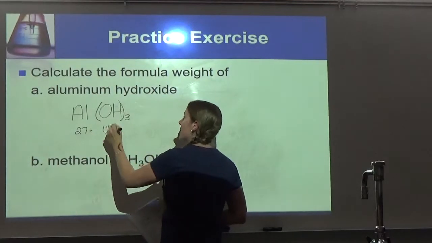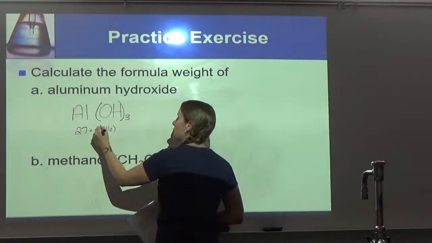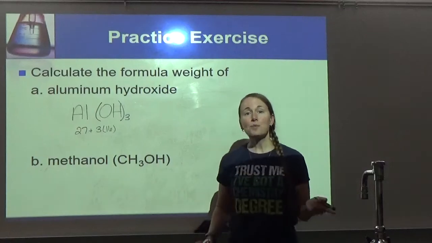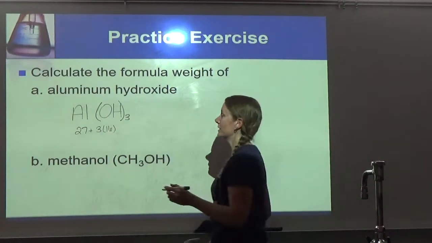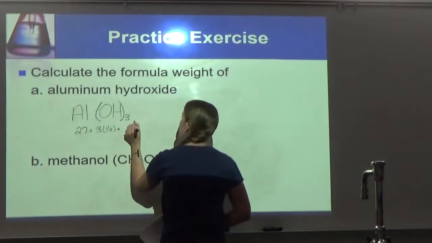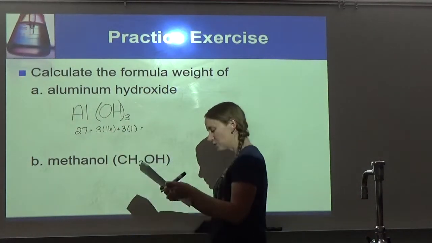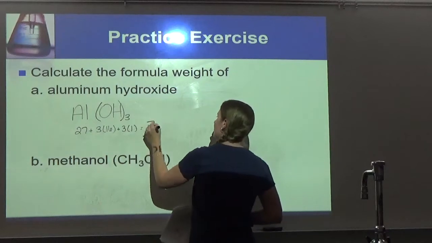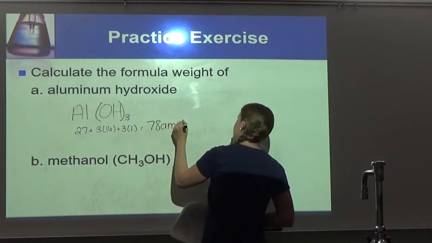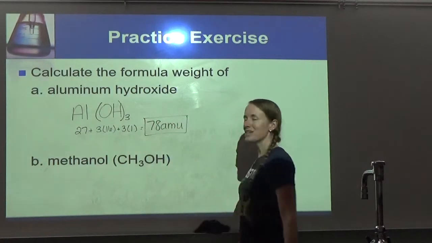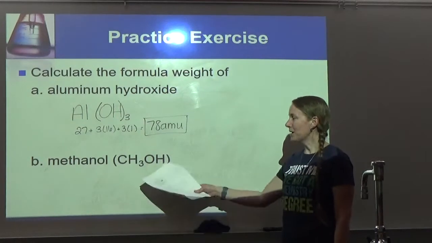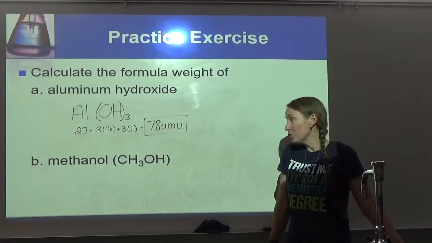Oxygen is 16 AMU, but I'm going to multiply it by 3 because remember, if you have a subscript outside the parentheses, it goes to everything in the parentheses. Hydrogen has a mass of 1 AMU, but I have 3 hydrogens. And so once I do the math for that, I get about 78 AMU. Just like that. All right, the bottom one should be super easy because they gave us the formula.